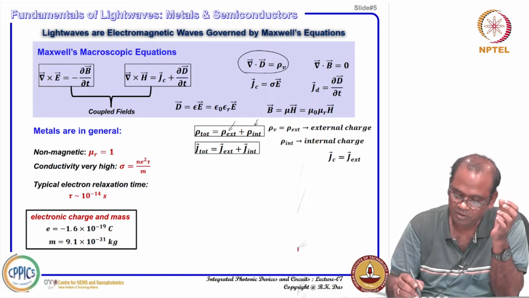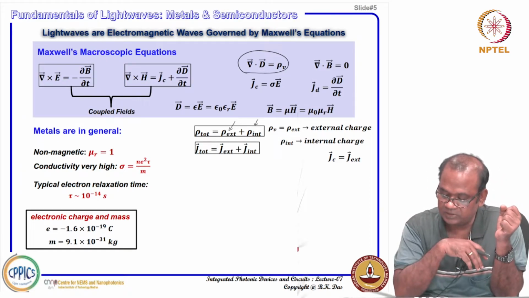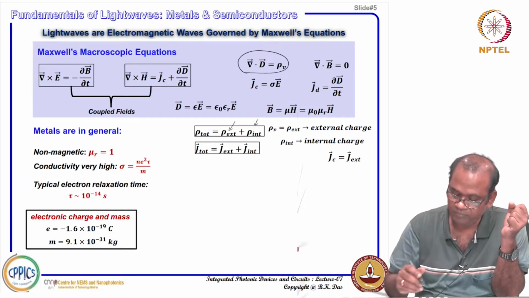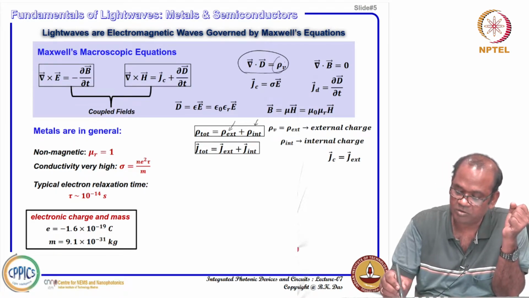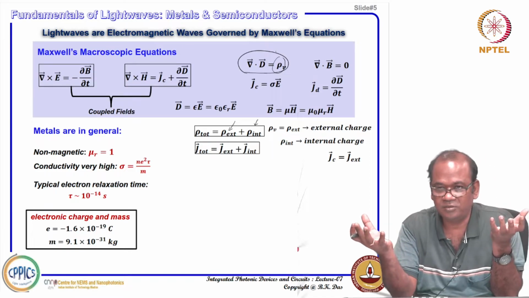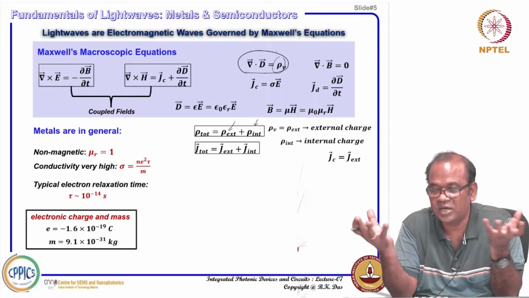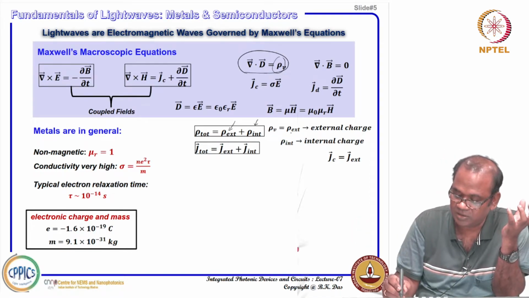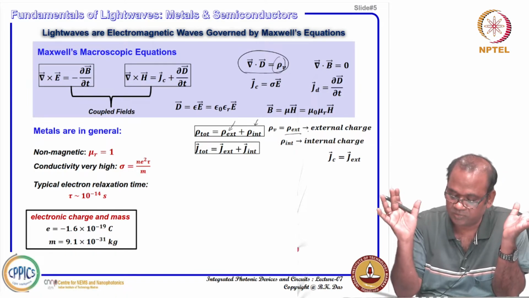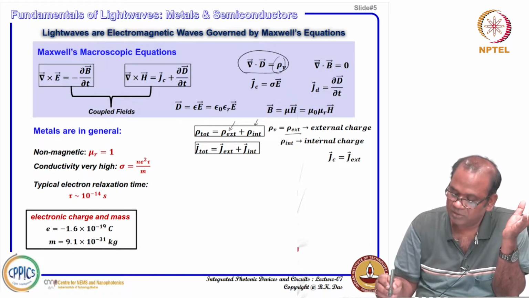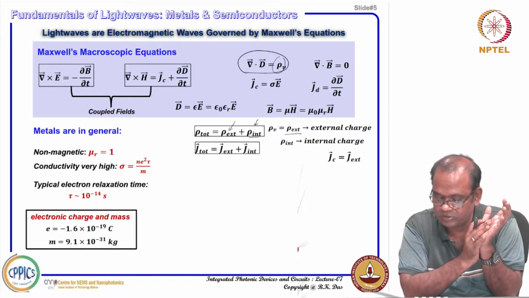So we can call it external charge and internal charge. Similarly, whereas in a dielectric or free space we considered rho v, here we decompose it into rho external and rho internal.